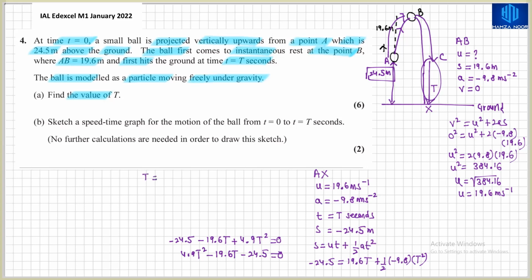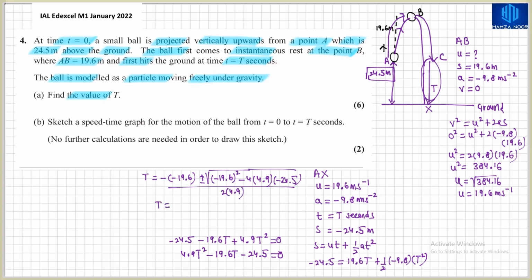Capital T is equal to minus b plus minus under root of b square minus 4ac, over 2a. So minus 19.6 plus minus under root of minus 19.6 whole squared minus 4 times 4.9 times minus 24.5, and this whole thing is divided by 2 times 4.9.